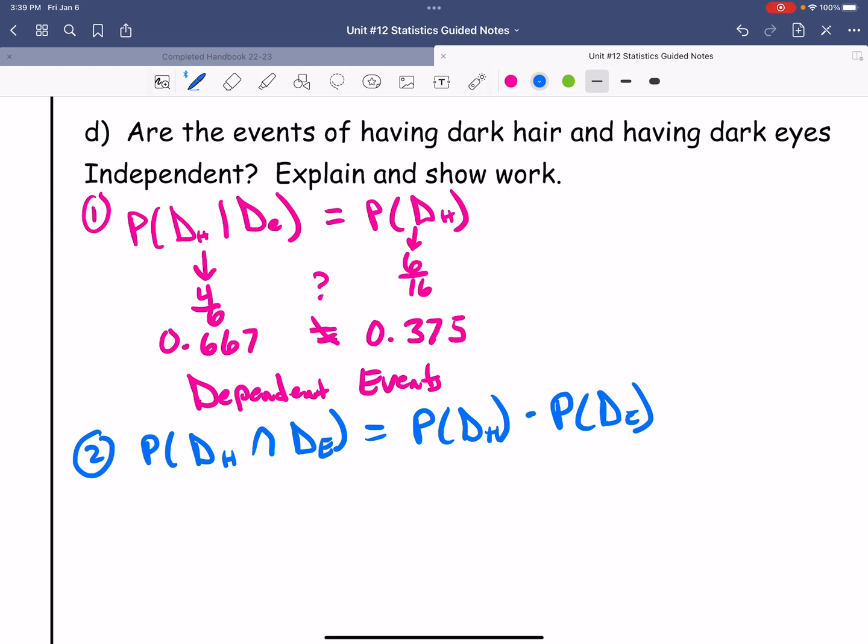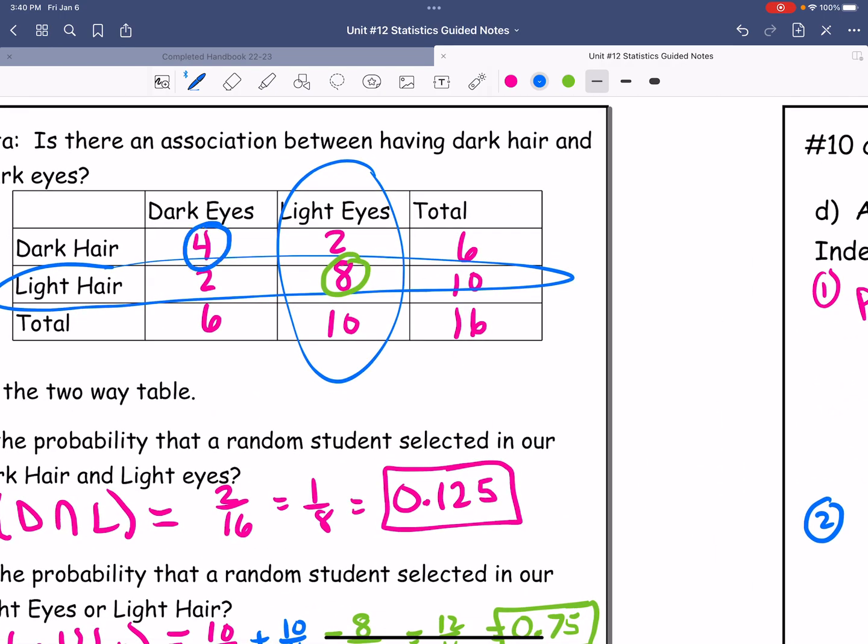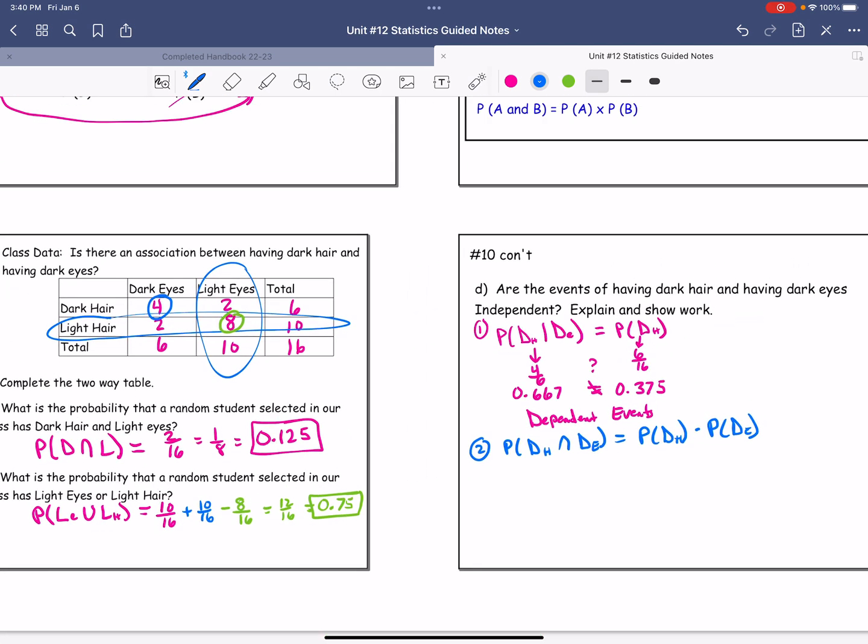So dark hair and dark eyes is 4 out of 16. So we put 4 out of 16, and we see if that's equal to the probability of dark hair, 6 out of 16, times the probability of dark eyes, 6 out of 16.